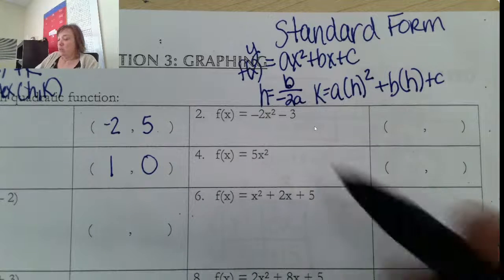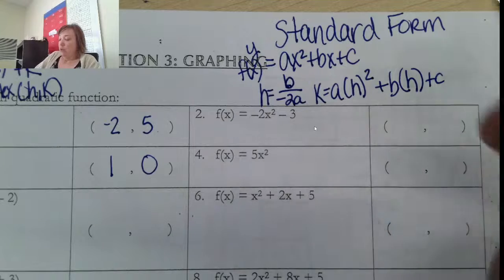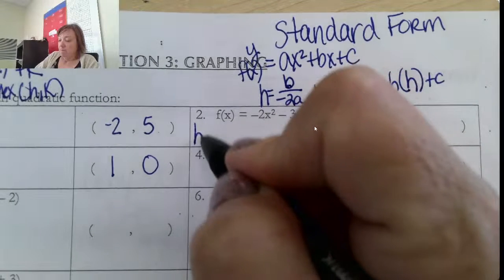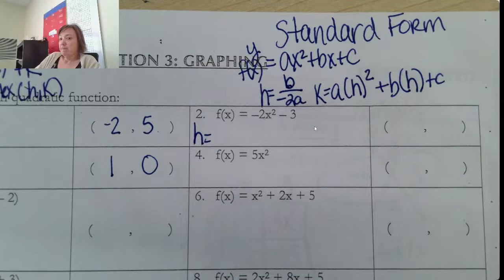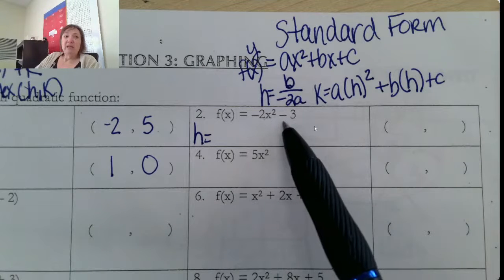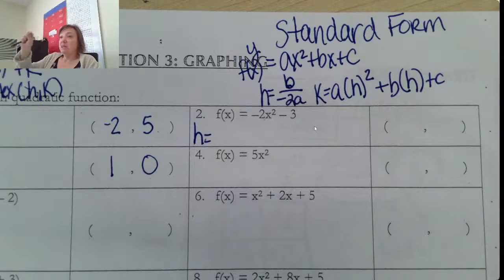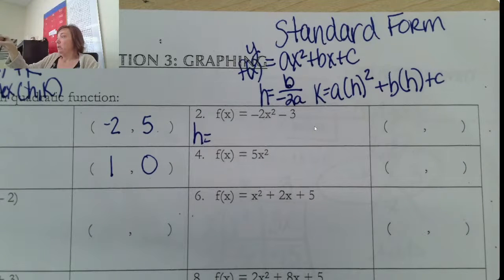And that gets you the k value of your vertex. Okay, so if we're looking at this one right here, what is our b in this thing? It would be 0. Let's talk about why it's 0. We don't have an x in there, right? When you don't have it in there, it's 0x. There's not one, right?